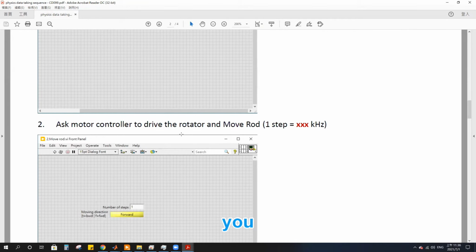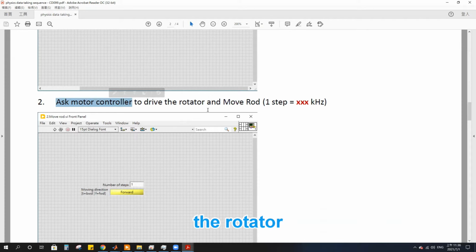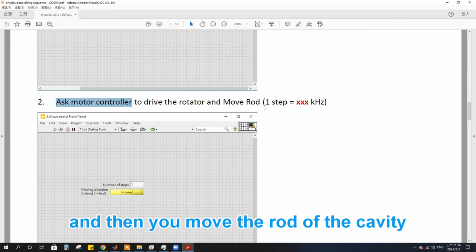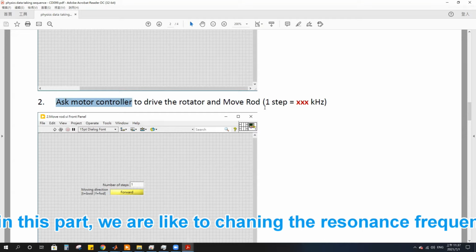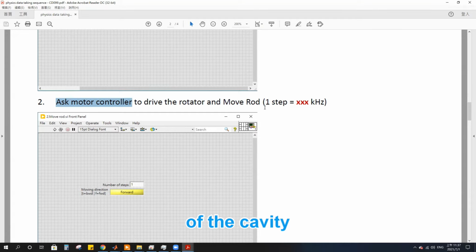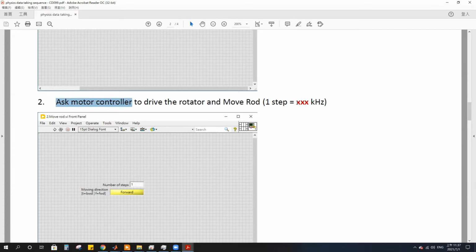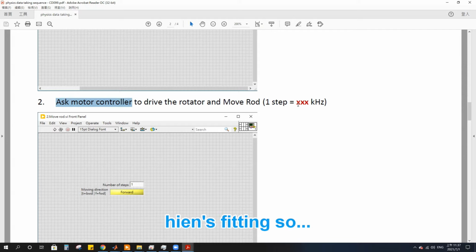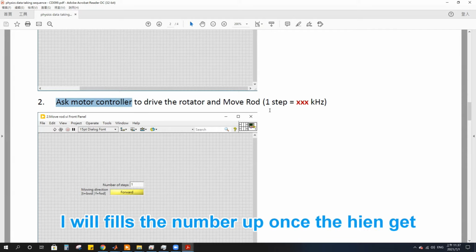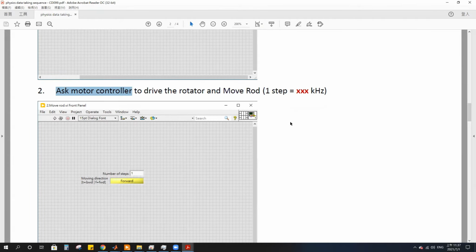And then you ask the motor controller to drive the rotator, and then you move the rod of the cavity. In this part, we would like to change the resonant frequency of the cavity. But you can see this still has some unsure numbers here. This depends on Hsin's fitting. So I will fill this number in once Hsin gets the analysis results.